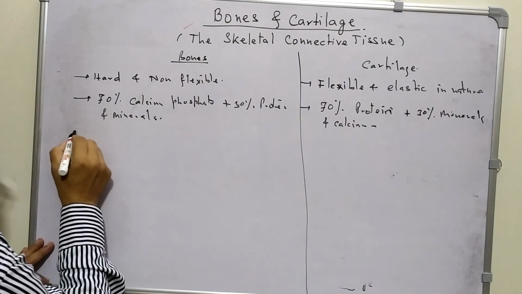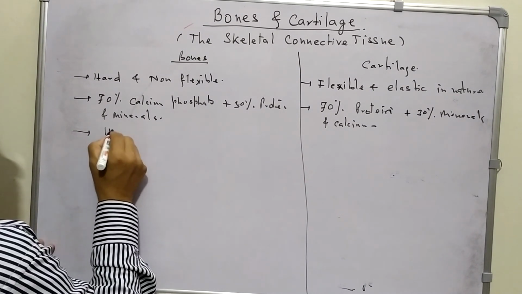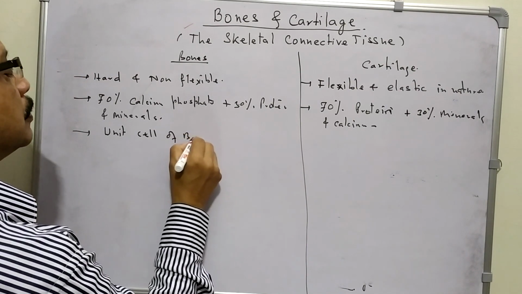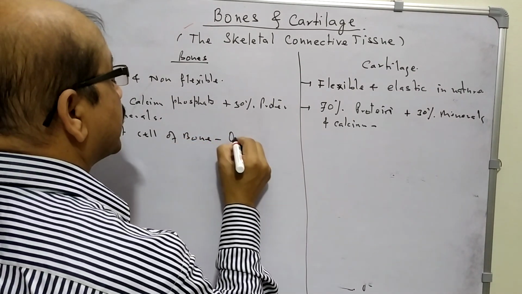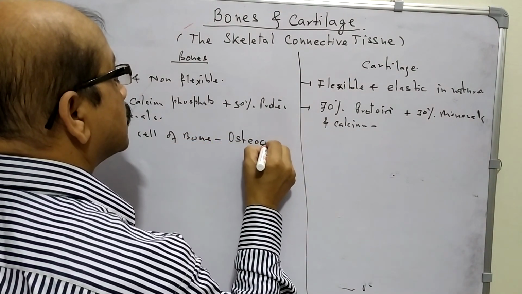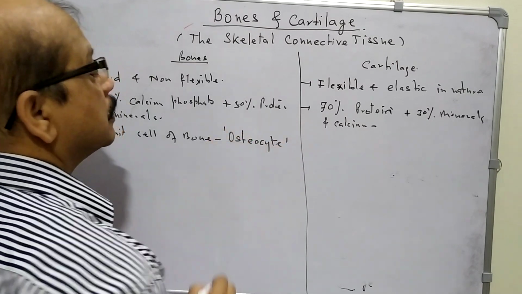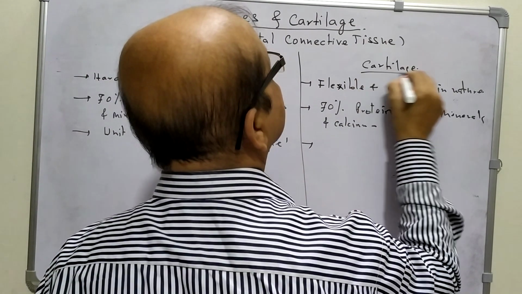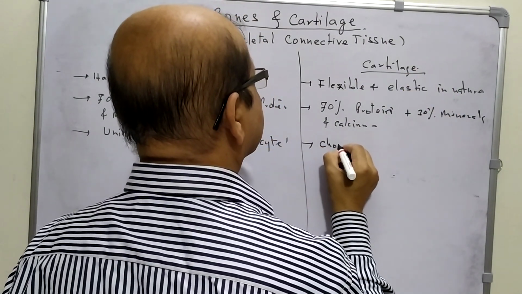Right? The unit cell of bone is osteocytes. The unit cell of cartilage is chondrocytes.